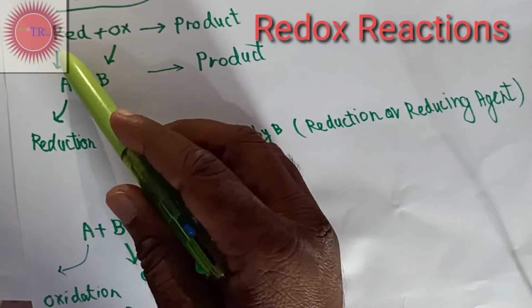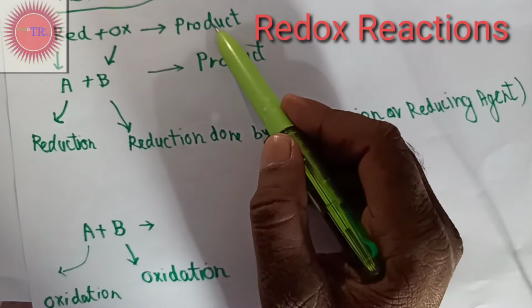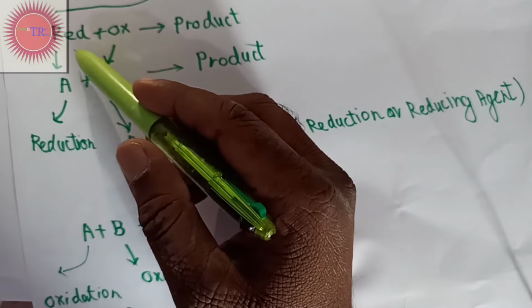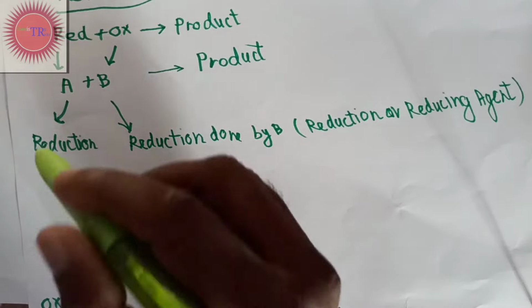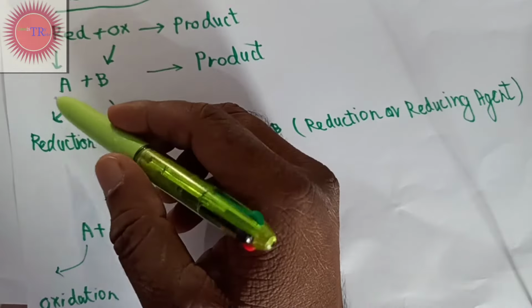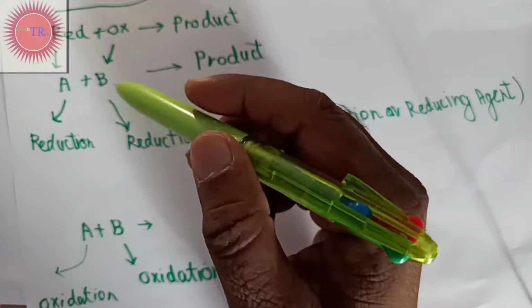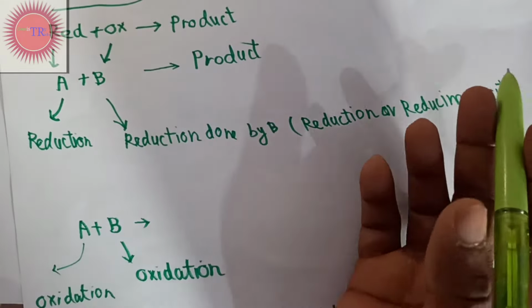Redox means reduction and oxidation. It means mutually one element is oxidized and the other element is reduced in the same reaction. Suppose this is A and B, two elements, and there is the reduction of A and oxidation of B, and it makes some product.